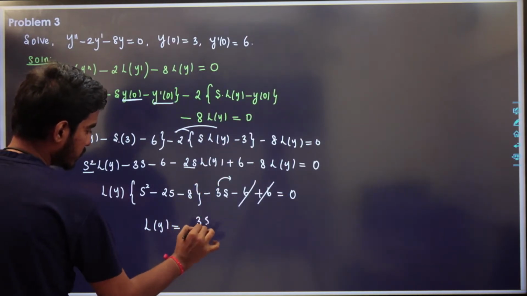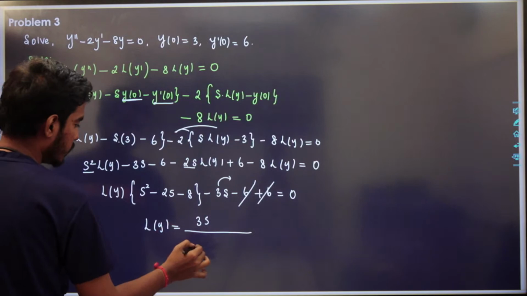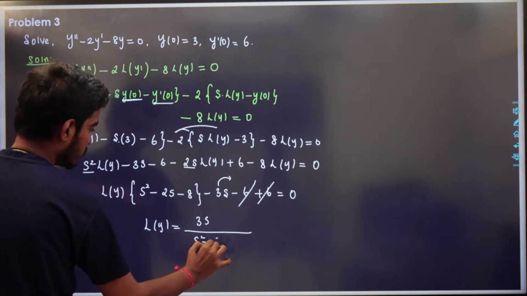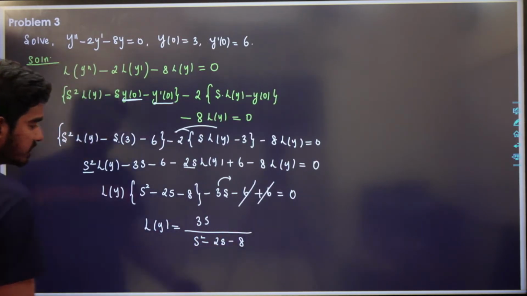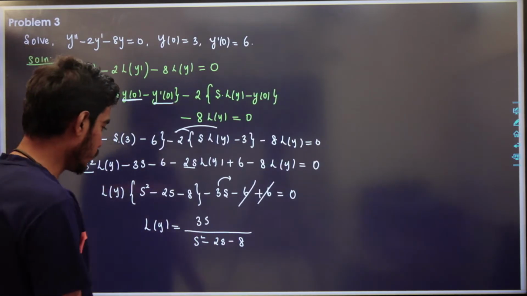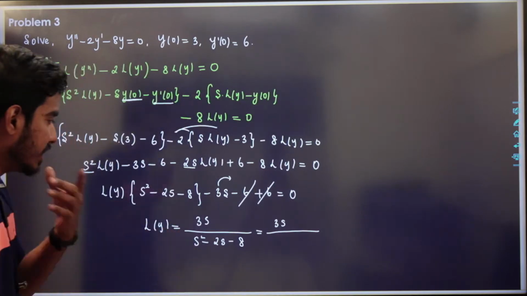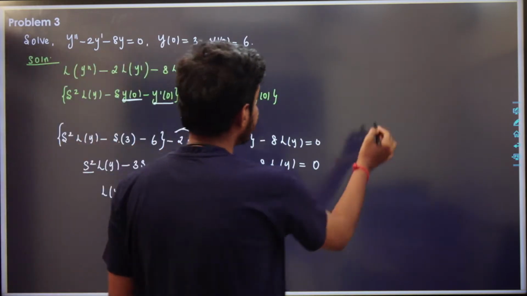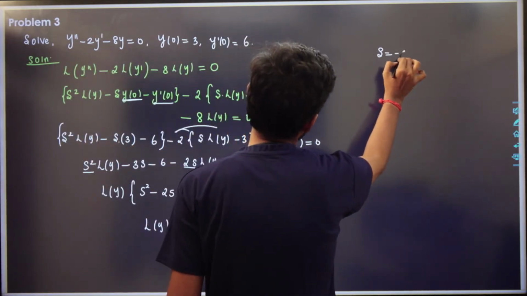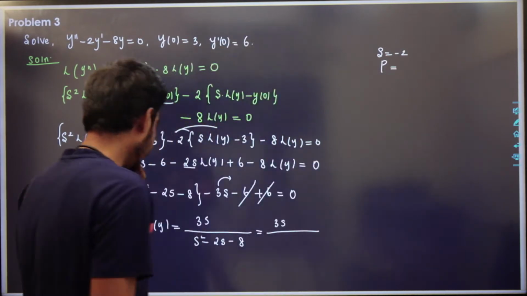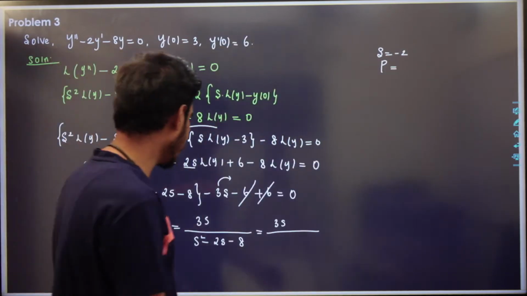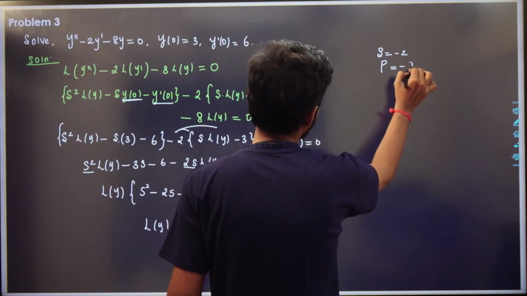3s divided by s square minus 2s minus 8. So we will factorize this. Sum is minus 2, product is minus 8.